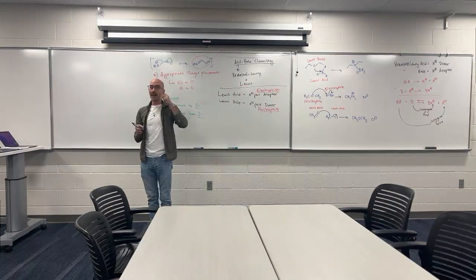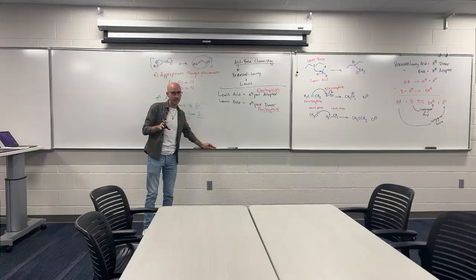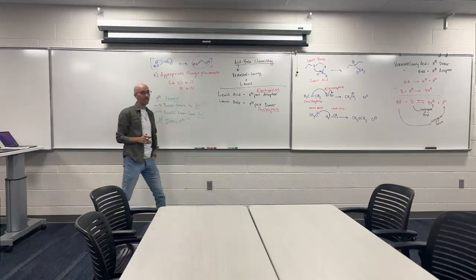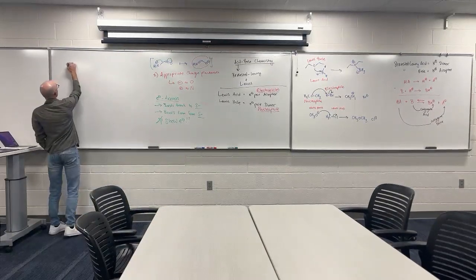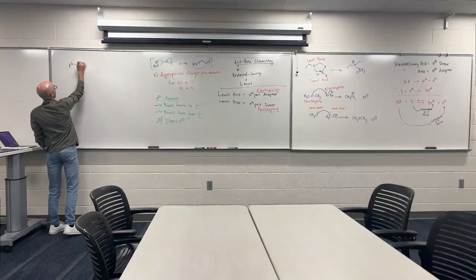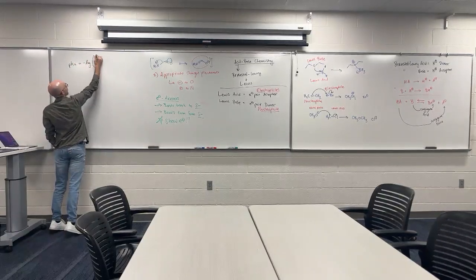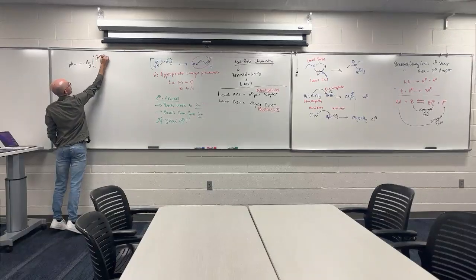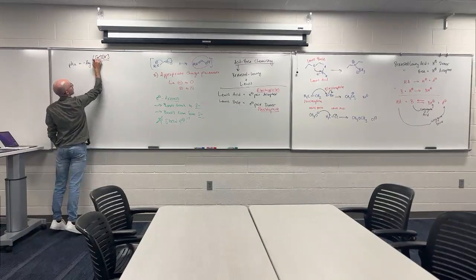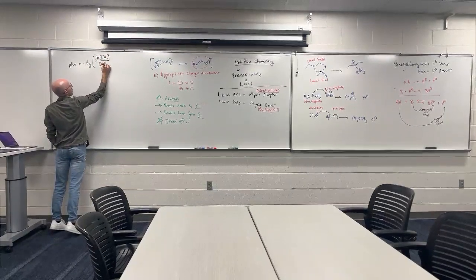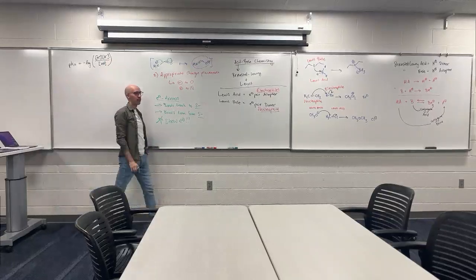Now we rank the ability of a compound to be an acid by how well it creates H+, and then we report that as a pKa. pKa is the opposite of the log of H+ concentration times A- concentration over the concentration of HA.